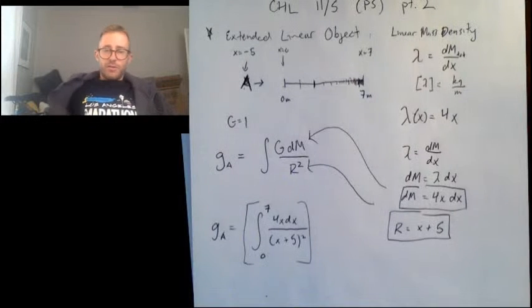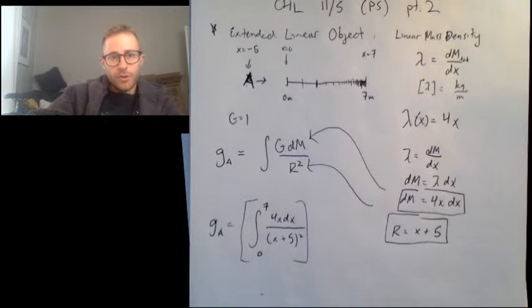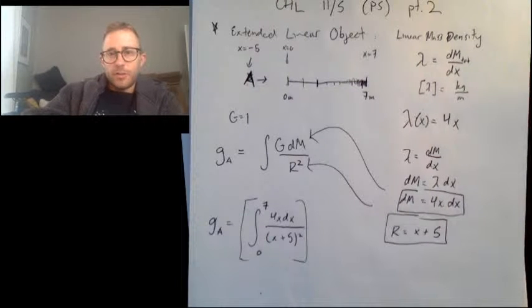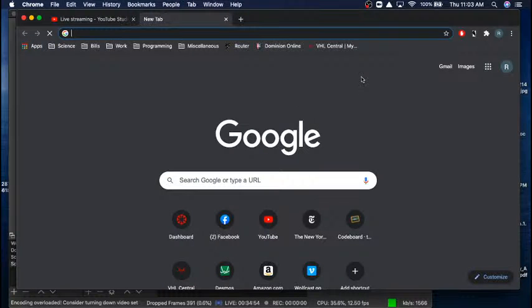If you are a noob to calculus, let me show you how you could do that. I'm going to go ahead and share my desktop. So let's go to Wolfram Alpha.